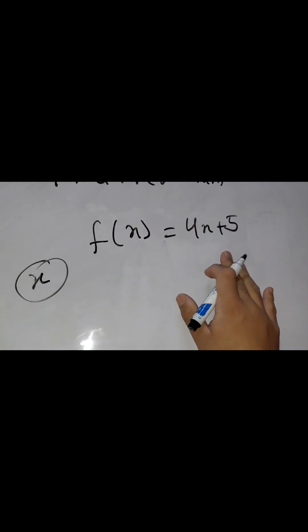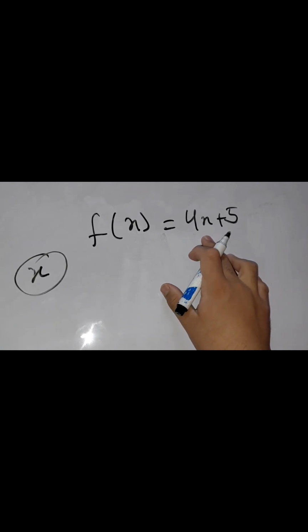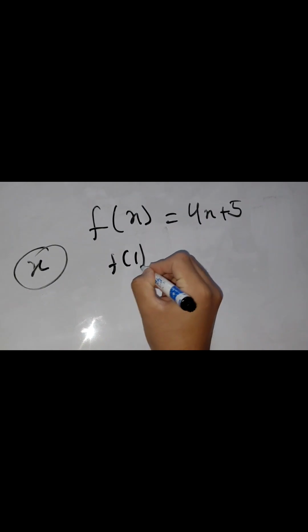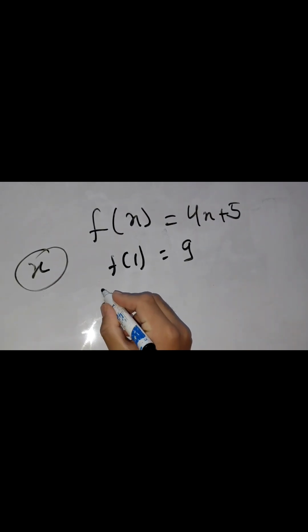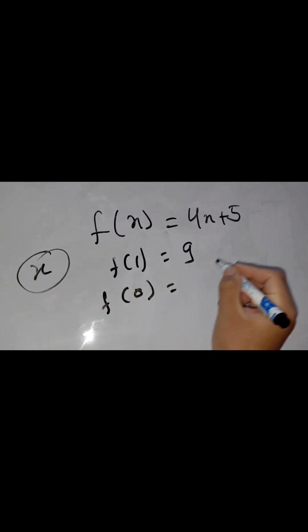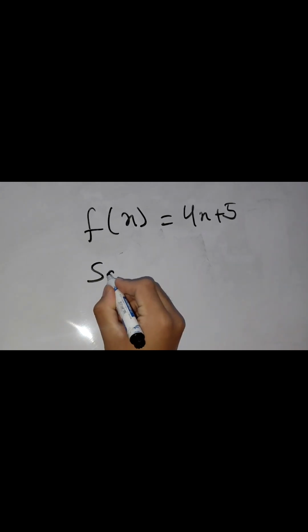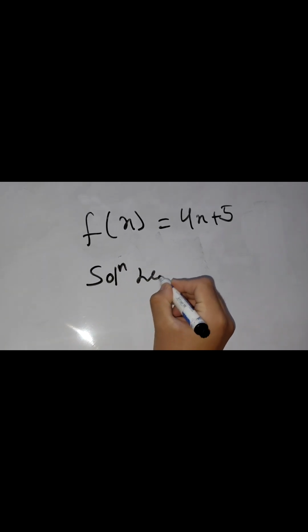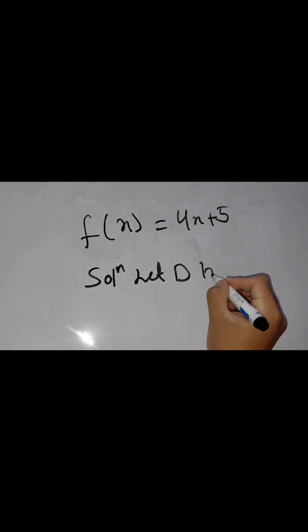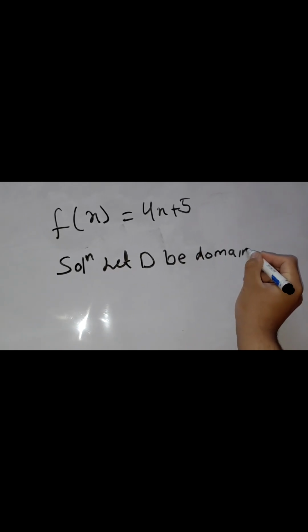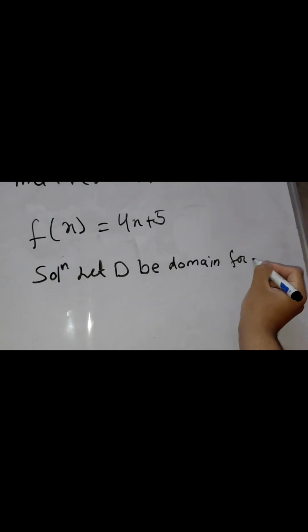And this is a normal algebraic function. सो हामीले एक्स को भ्यालु जति राखे पनि सर्टेन भ्यालु त आइहाल्छ। एक्स को भ्यालु मैले 1 राखेँ भने, f of 1 राखेँ भनेपछि it will be 9, f को भ्यालु मैले 0 राखेँ भने it will be 5। सो there will be an answer that belongs to a real number. सो जति पनि नम्बर राख्न पाइन्छ नि त। सो यसको डोमेन भनेको के हुन्छ भन्दाखेरि solution, let D be the domain for f of x.